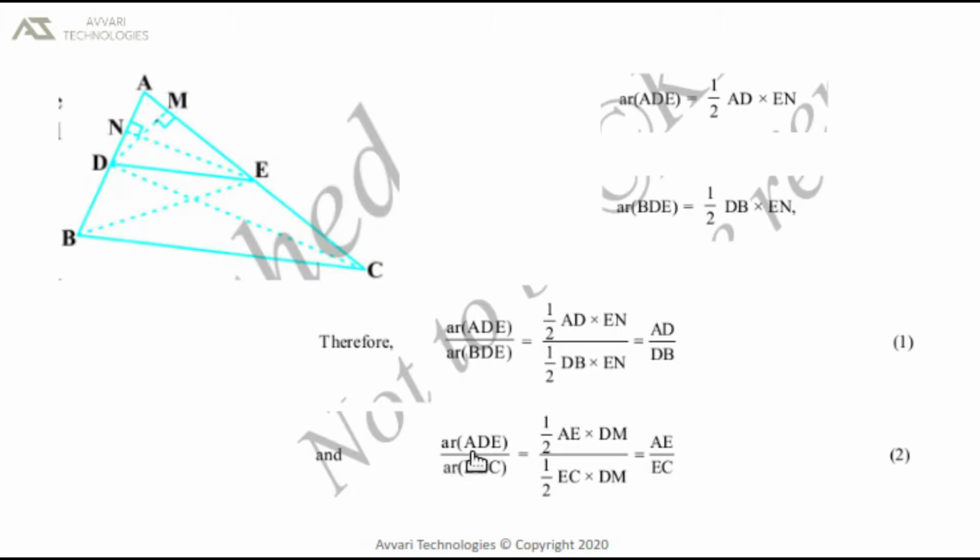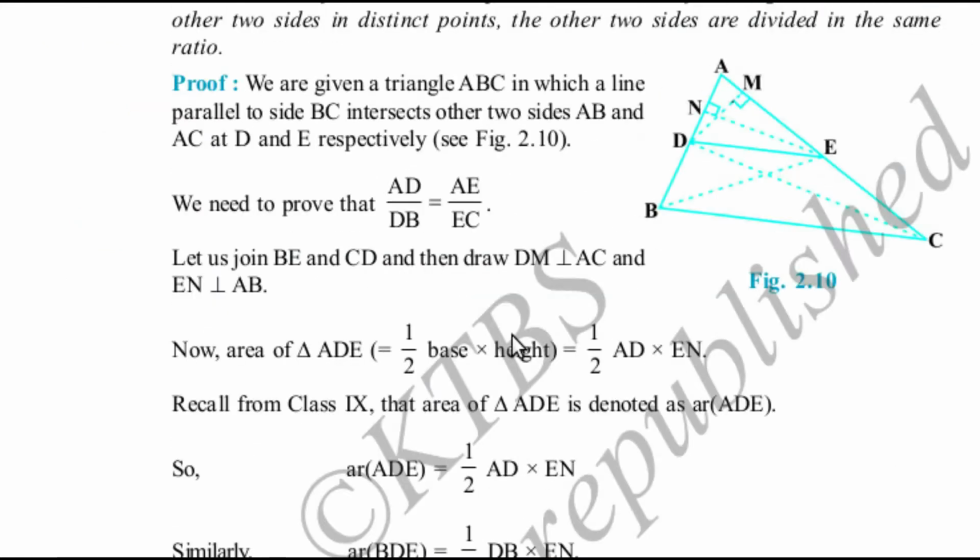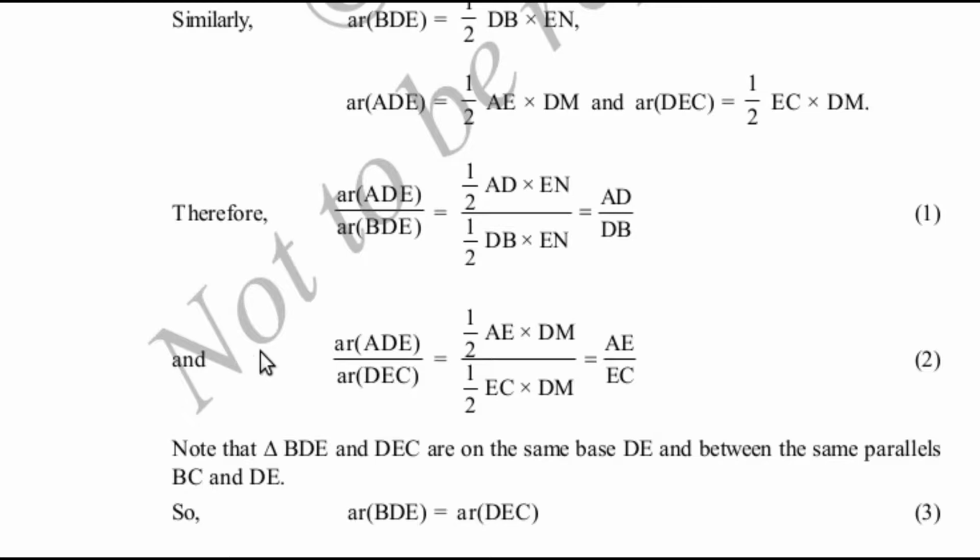Similarly, we will divide the area of triangle ADE and the area of triangle DEC. The area of triangle ADE could also be written as, considering AE as the base, half into base, that is AE, into height DM. We will divide this with the area of triangle DEC.